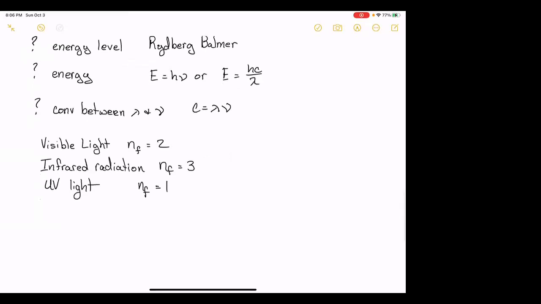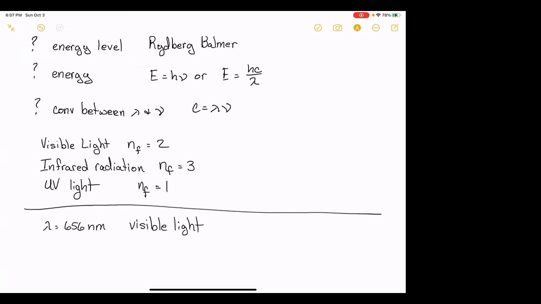So I believe on the example exam, I gave you a wavelength of 656 nanometers, and it said visible light, so I caught on to that.